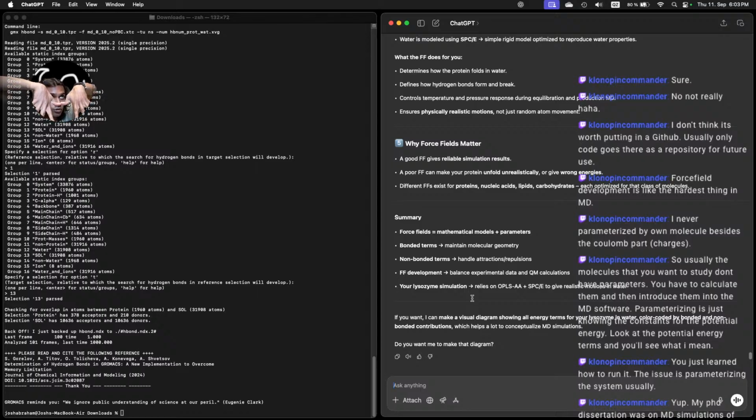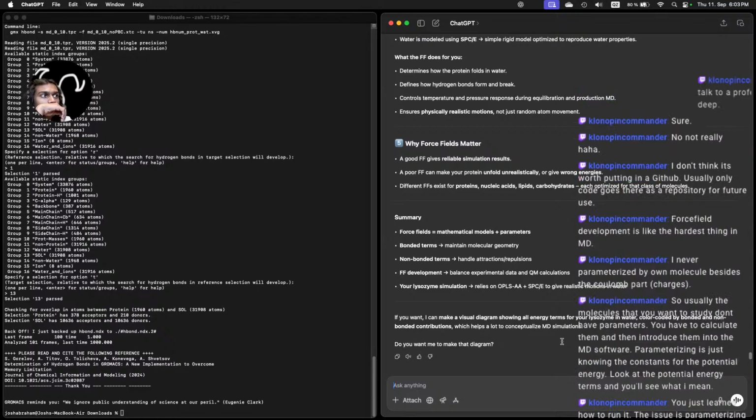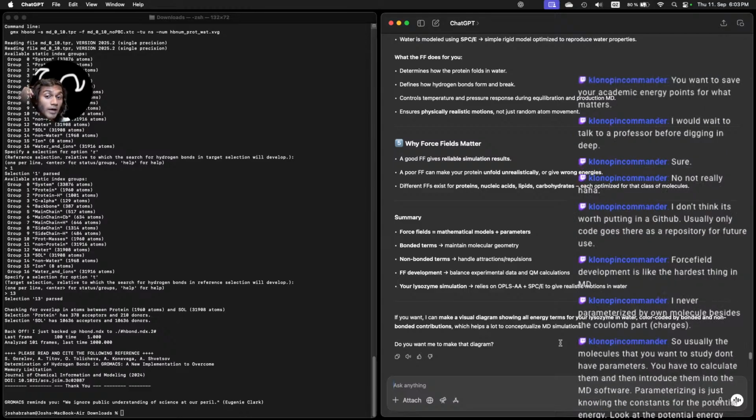It looks like a branch or route, I can go any direction. Oh, okay. You know what? Yeah, that's actually a good idea. I could say that I did try using GROMACS.